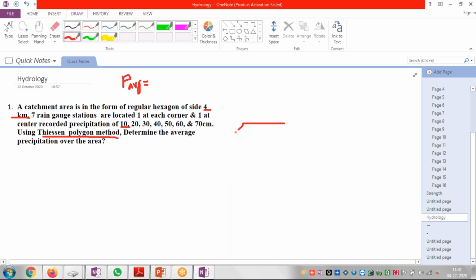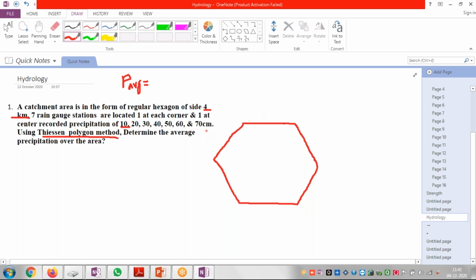See, it is saying that this is a hexagon. Hexagon means this: 1, 2, 3, 4, 5, 6 sides are given, right?